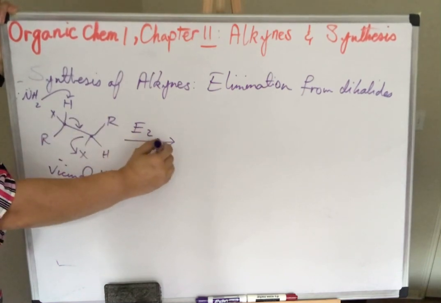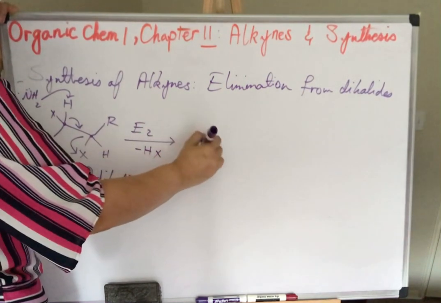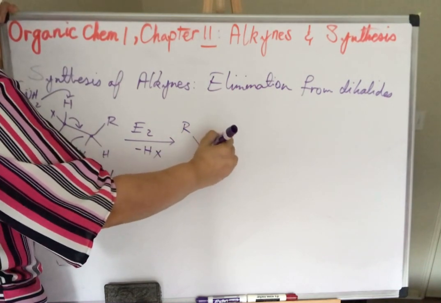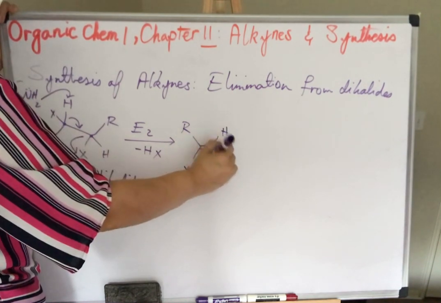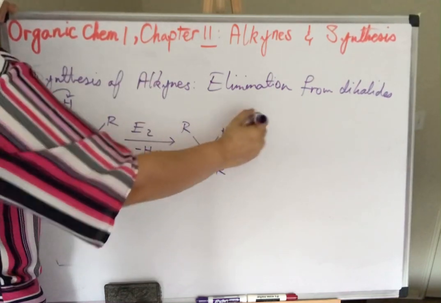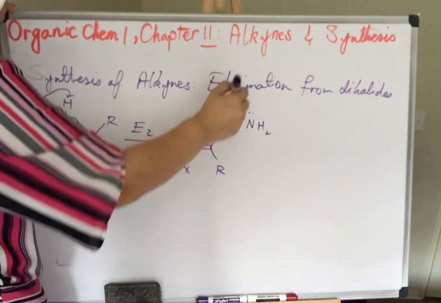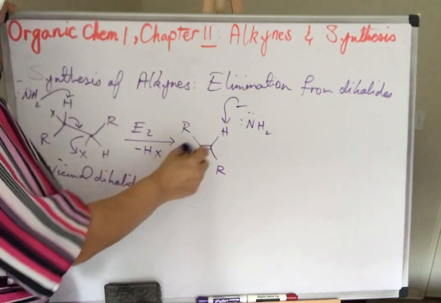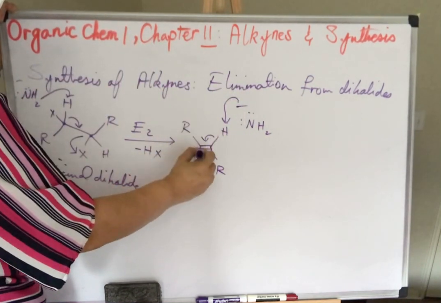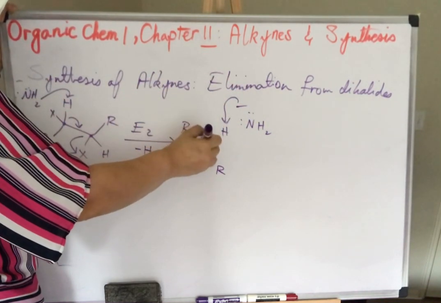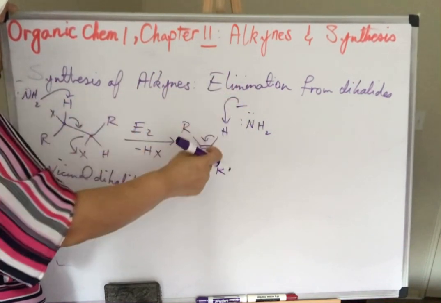They eliminate, so you will have this for this step. Now, suppose you have extra base in your solution. So another elimination happens to form a triple bond, with the same mechanism. Hydrogen will be grabbed by the base.